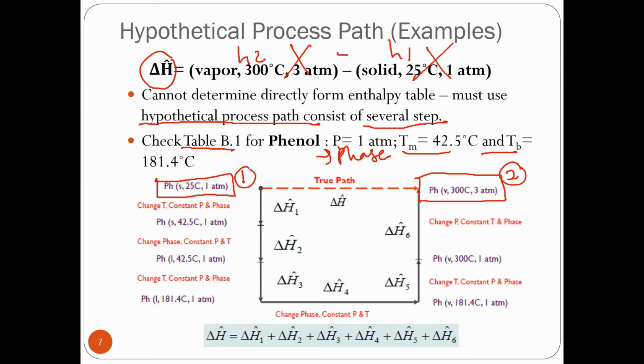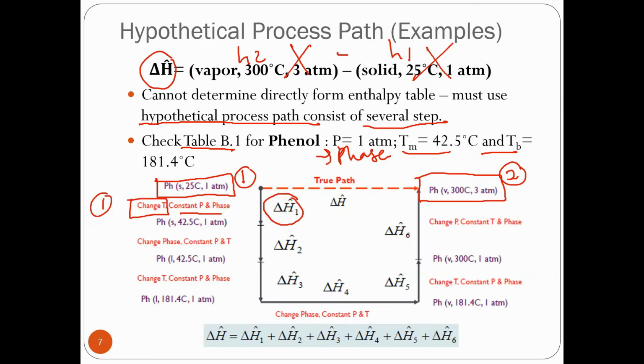Okay, first, in step 1 there's only going to be a change in temperature, with constant pressure and phase. So you need to have only one thing change at a time to calculate each step, each stage of change of enthalpy.